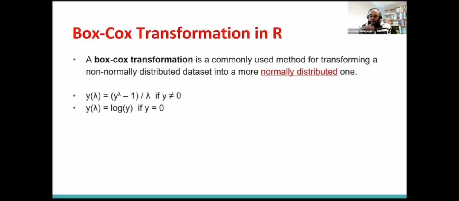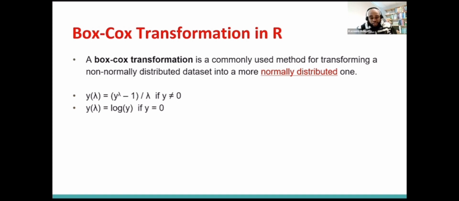A Box-Cox transformation is a kind of transformation that we use to transform a variable that doesn't follow a normal distribution. And let me tell you this: if the distribution of data is not normal, what we normally want to fix is the response variable.